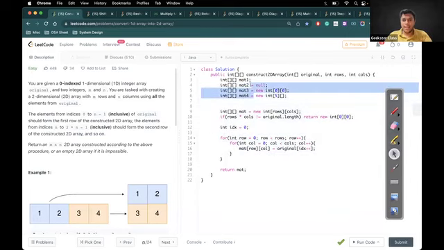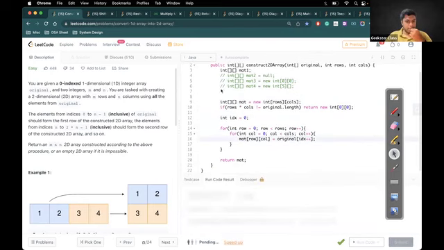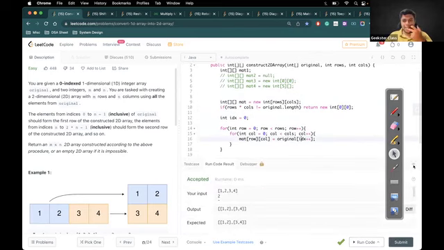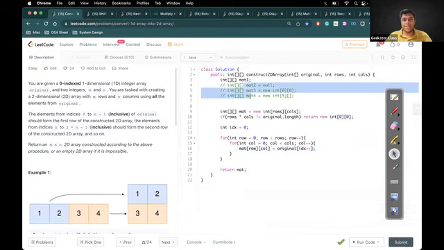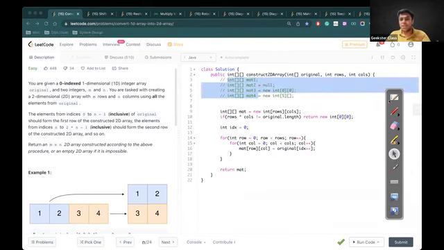Let's comment all of this and check. Okay, so it is running. No problem. But I have seen in VS Code, it sometimes gives you a compilation error that you cannot use matrix one if it is not initialized.